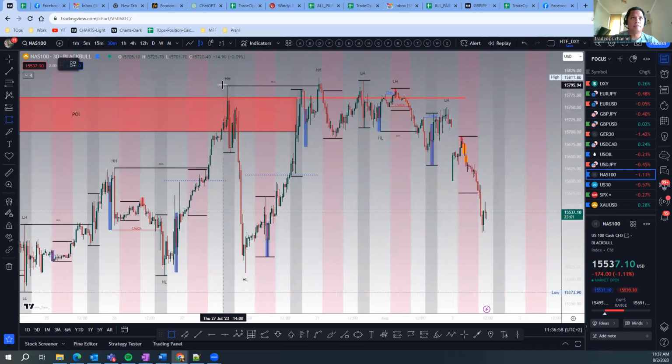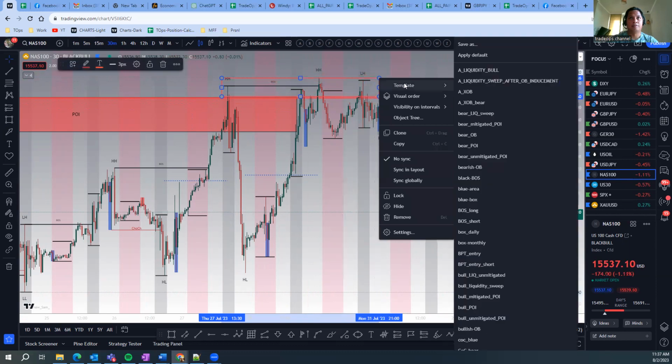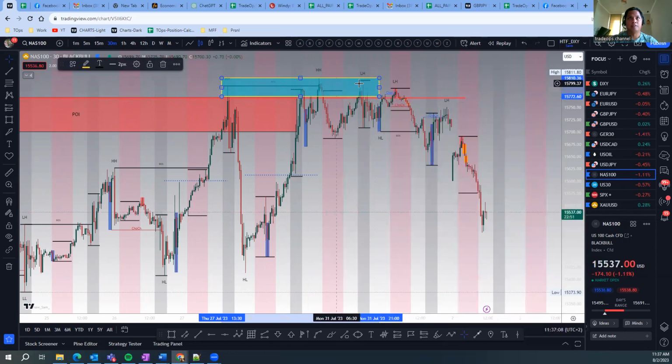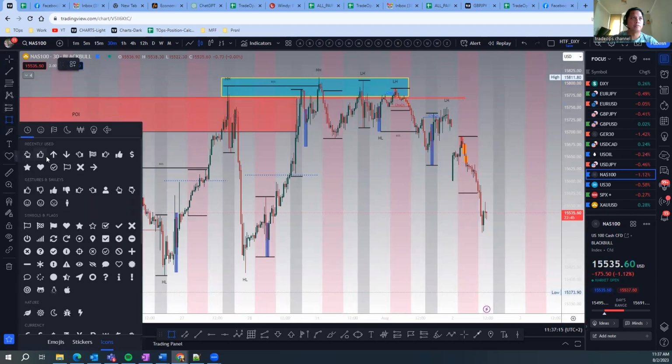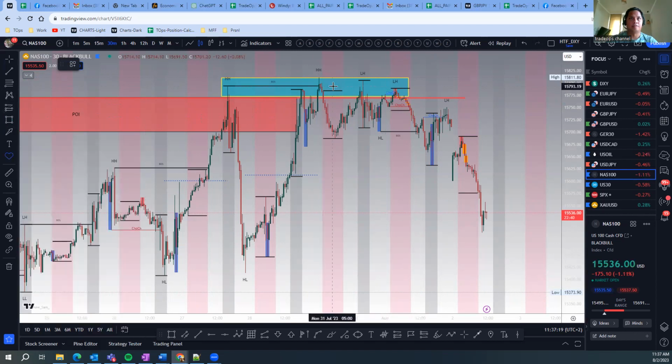What is interesting, as you can notice, is that if you mark the areas where liquidation happened, you will notice that these are liquidity sweeps, and these are really great entry points. So this is where I am entering my trades, here or here and here.